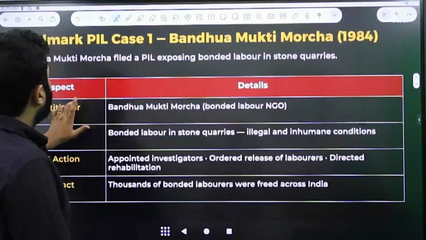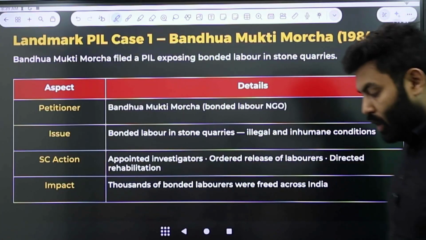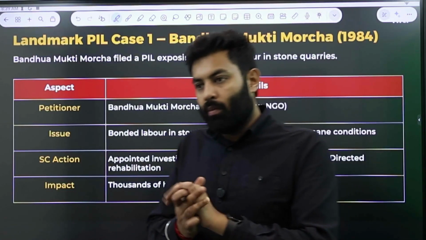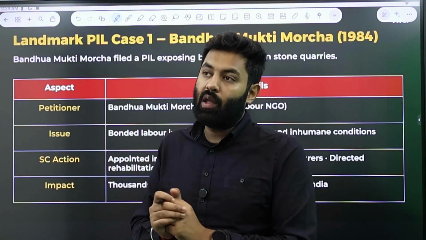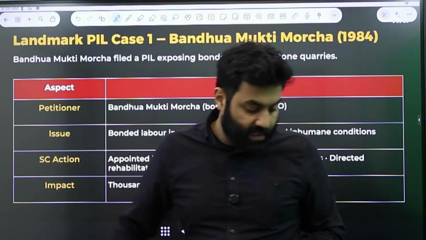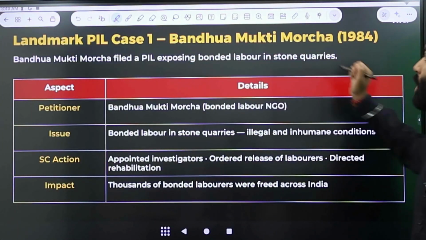Okay, the landmark PIL cases which shaped how people see PIL today, how they use PIL today, how they get a solution from PILs. The first one, the Bandhua Mukti Morcha.